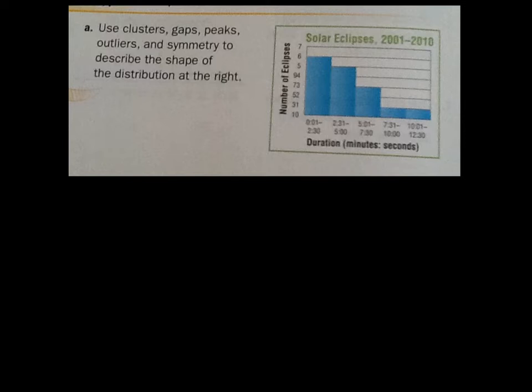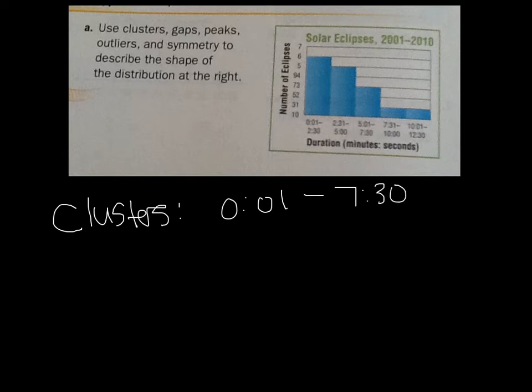So clusters, first of all. If I look at my data chart, I notice that I have a cluster right here where the most amount of numbers are occurring. So my cluster would be from 0.01 seconds all the way to 7.30 seconds using my data given.